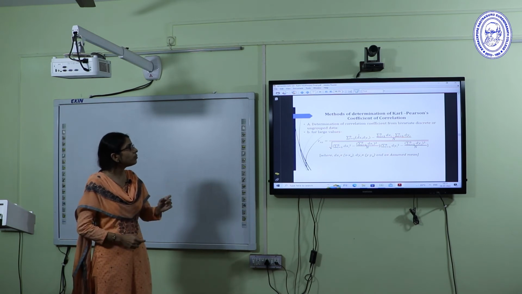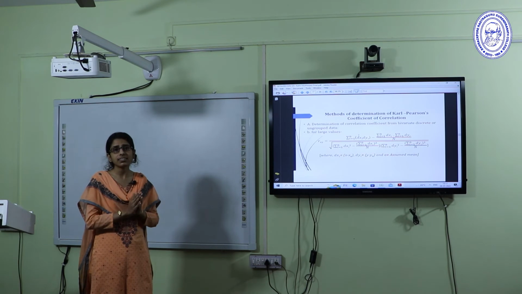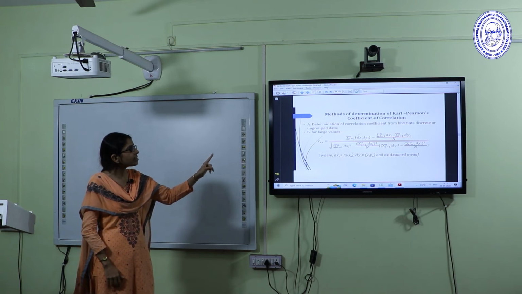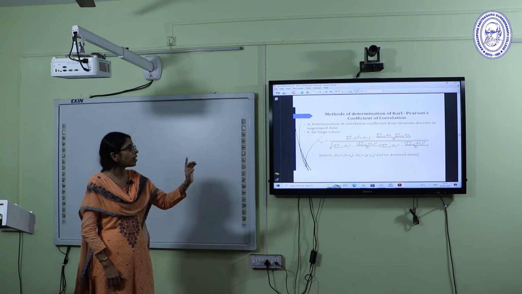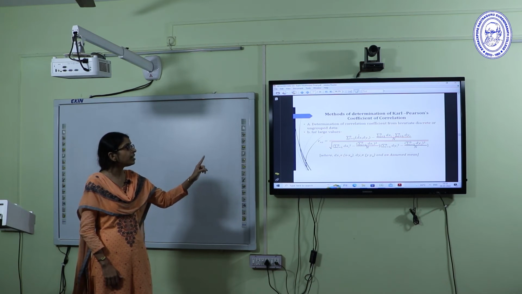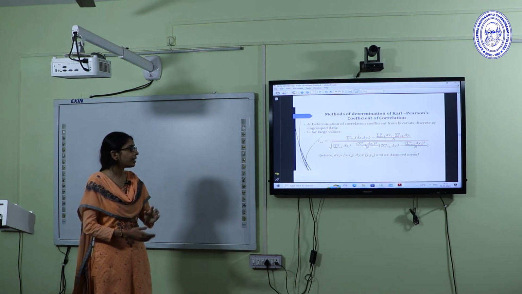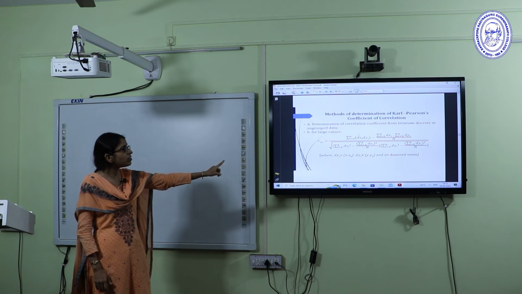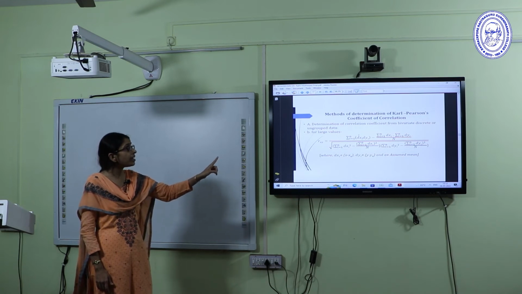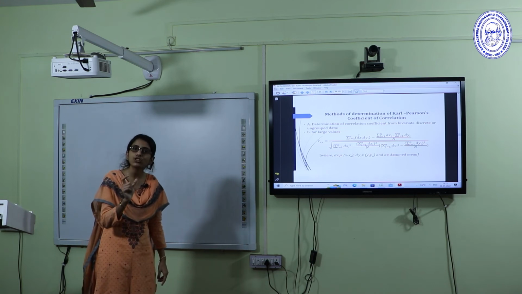There, Rxy equals summation of dxi into dyi minus summation dxi into summation dyi divided by n, all divided by the square root of summation dxi square minus (summation dxi) whole square divided by n into summation dyi square minus (summation dyi) whole square divided by n, where dxi equals x minus xa and dyi equals y minus ya. Here d is the deviation, and a stands for the assumed mean.